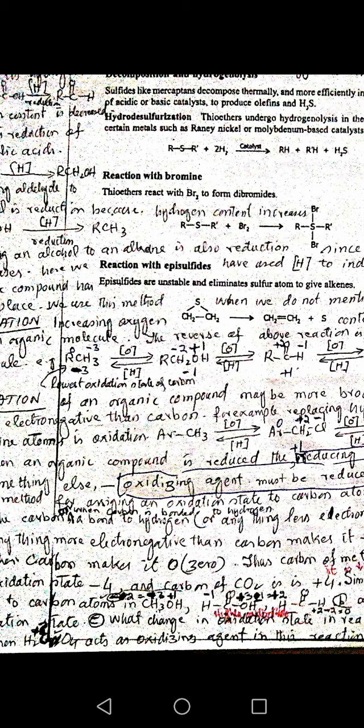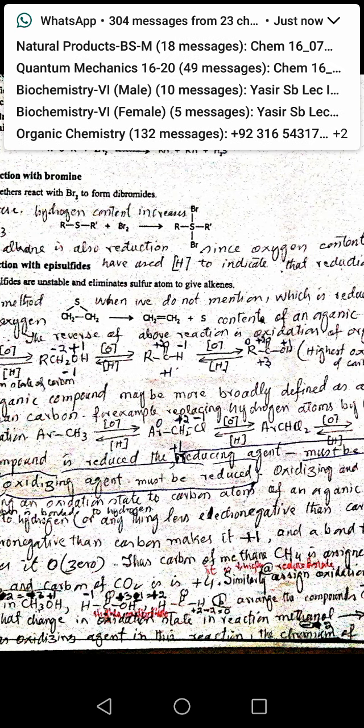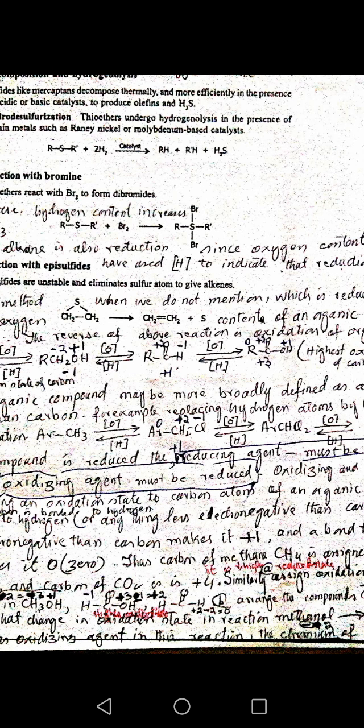Similarly, you can see aldehyde is changed into carboxylic acid. Carboxylic acid has the highest oxidation state. How? This is +1, this is +1 and +1. So what is this? Plus 3, the sum of the oxidation states of the atoms attached to the carbon.